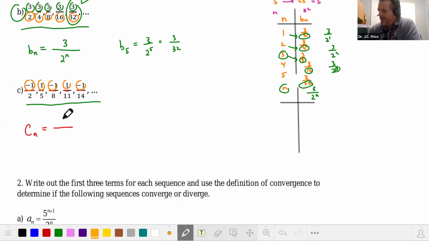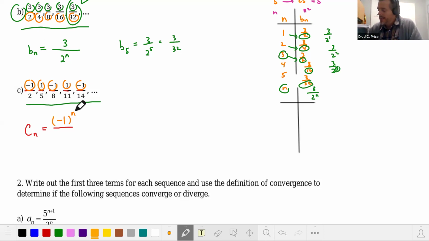So you're definitely going to have something up here that's going to make it alternate. If you're not familiar with how you make things alternate, it might be kind of tricky to figure this out, but we've seen a couple of these now. So how do you make it alternate? Basically, you just put a -1 to the nth power, and that'll make it alternate. The only thing you have to worry about is to make sure it alternates correctly.